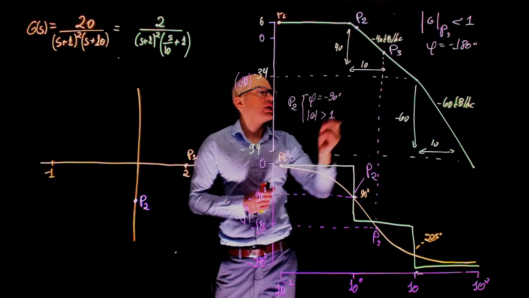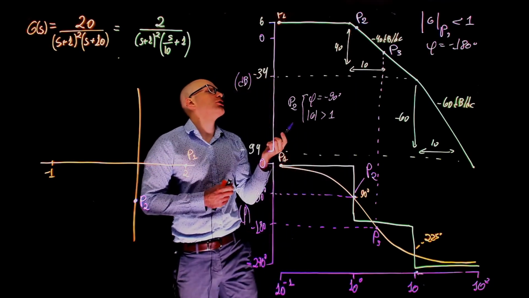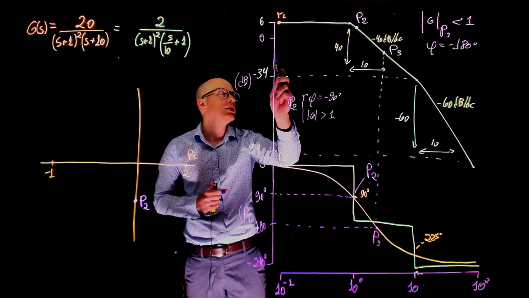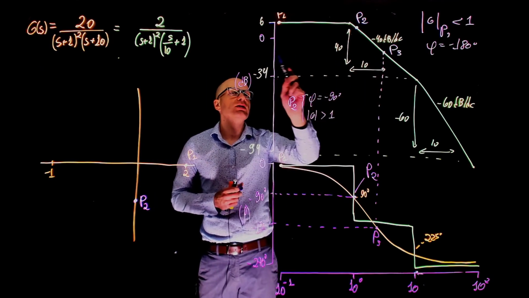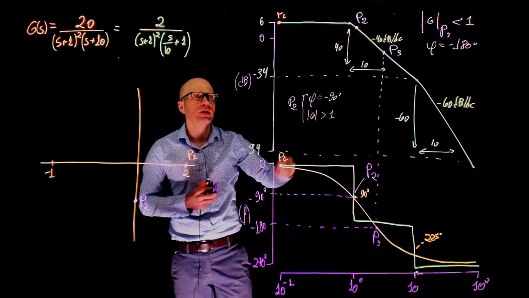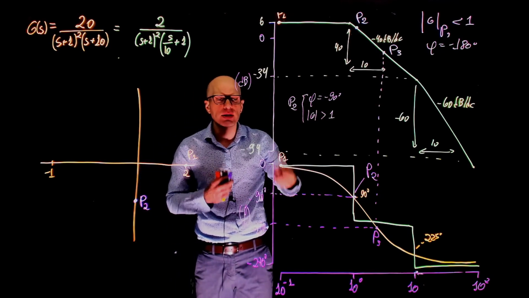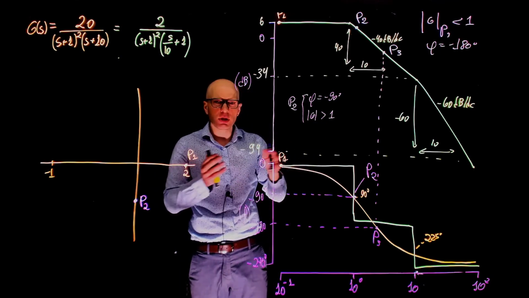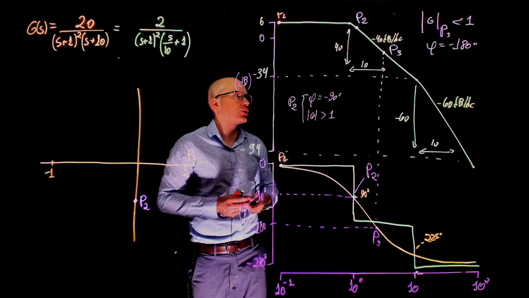How do I know the magnitude is smaller than 1? First of all, because here we have a negative value in dB. If this is negative dB, we took 20 log of a number that is smaller than 1. That's the only way you get a negative value in decibels. This was covered in the past few lectures.